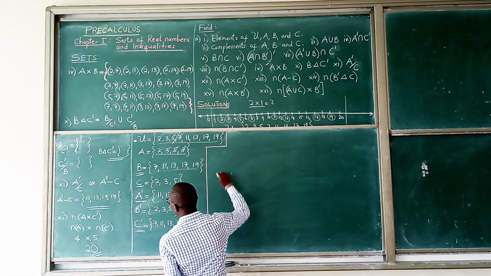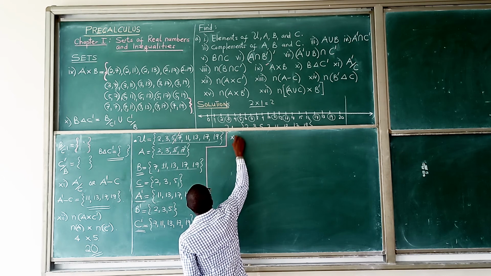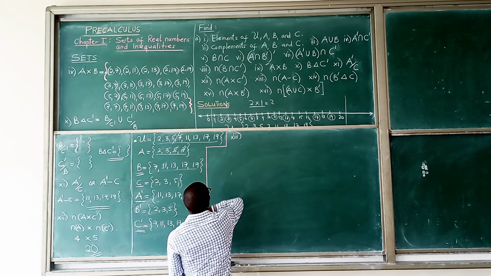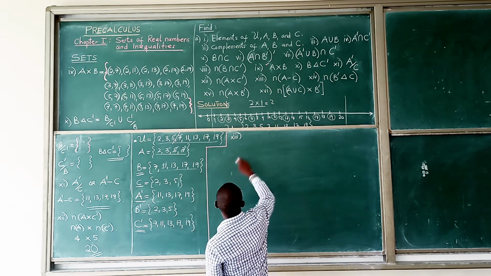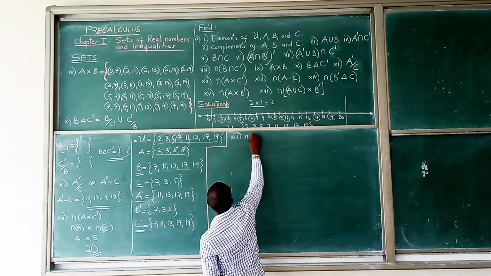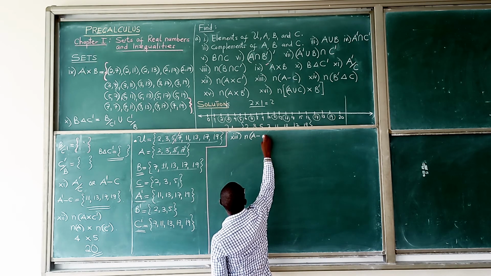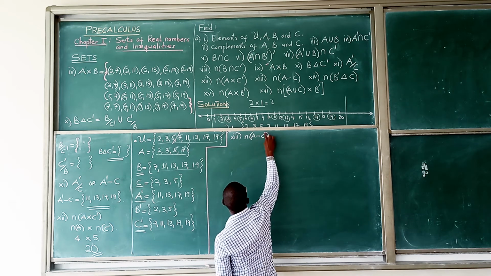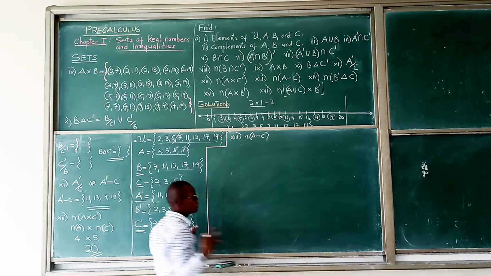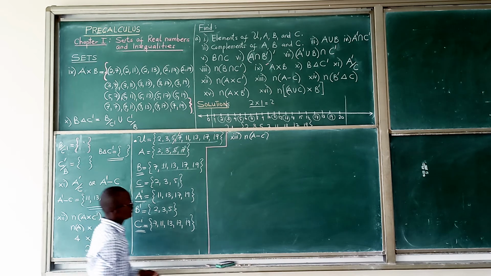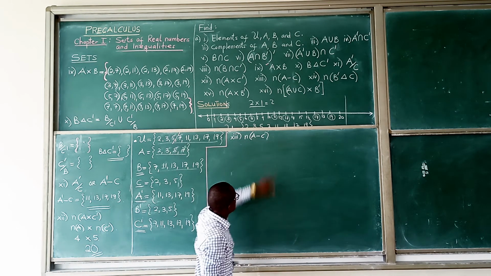So question number 13 now. We just have the number of elements within set A different from set C. So what is the total number of elements within set A different from set C?